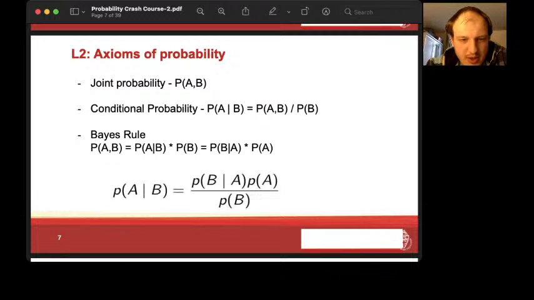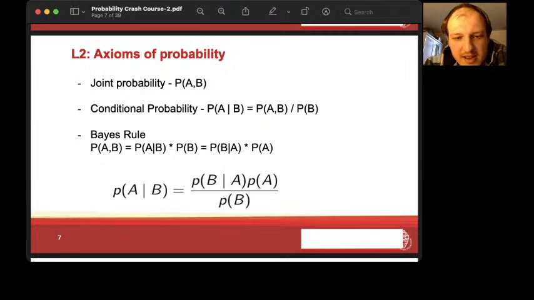And then you have the conditional probability, where you take the whole joint probability, but you already know that one of the events is happening. So given that you know something, then you can change your probability of A. So given that you know B, this somehow changes your probability of A if they are related.